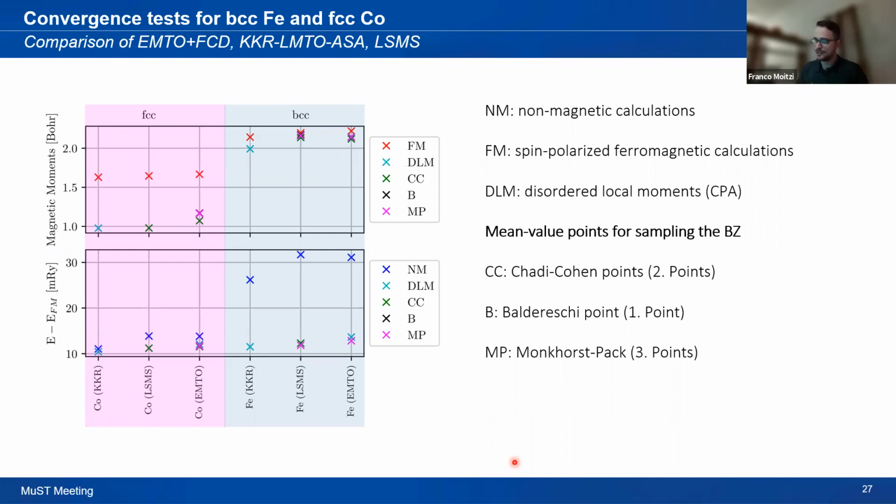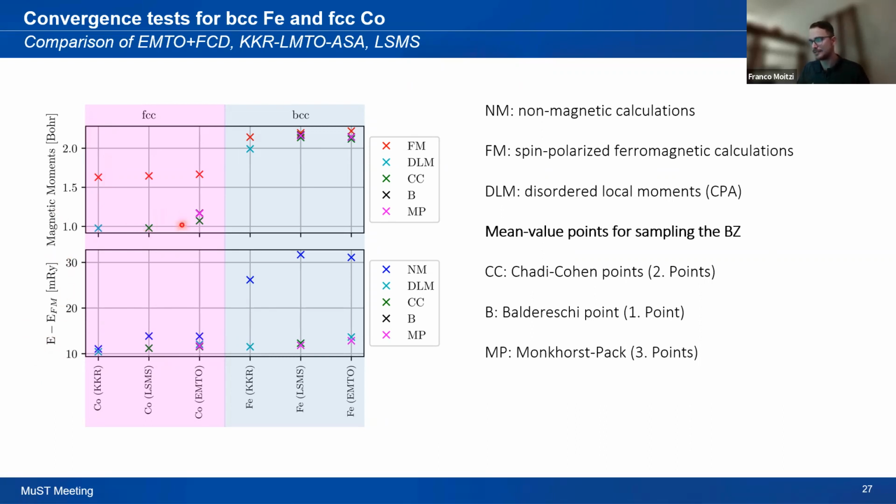But what you see here, KKR means effectively a very simple KKR LMTO ASA method, something that we actually developed. Then we compared it to EMTO, to a full charge density EMTO. And then I also tried the same thing with LSMS to see how this works. And this reproduces the magnetic moments, and the energy is quite accurate.